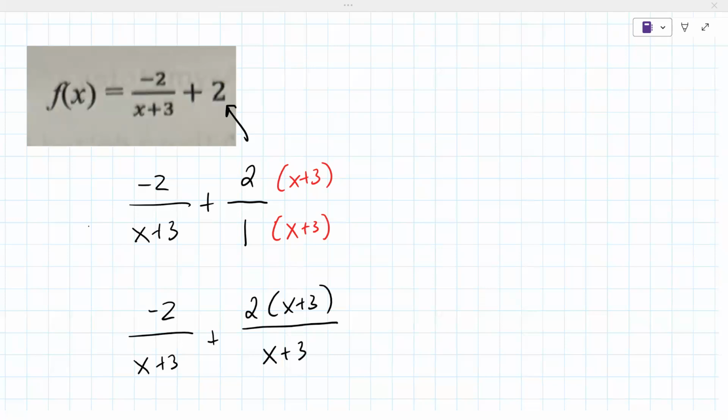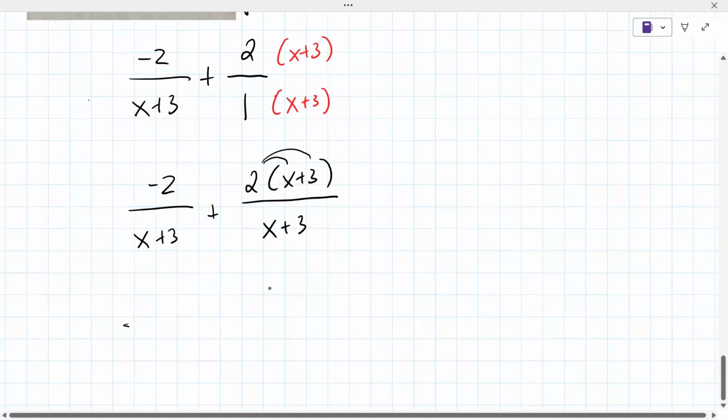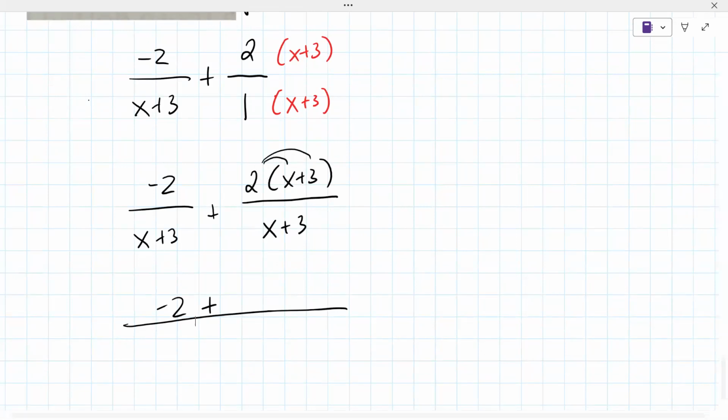Okay. So on the right here, we're going to multiply the x and the 3 by 2. What does that become?